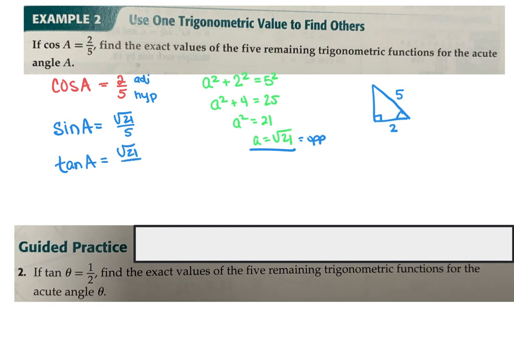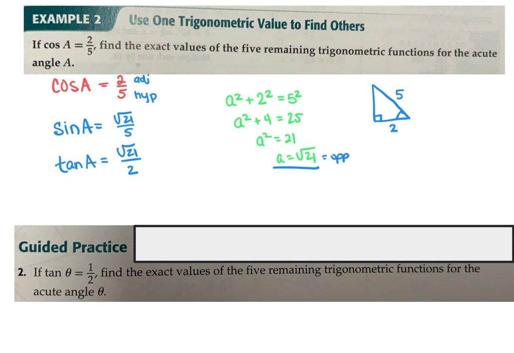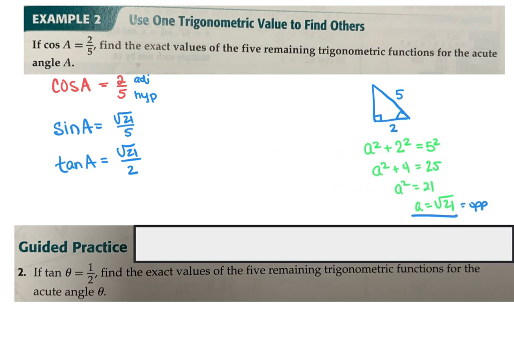And it's going to be a little out of order because they gave me cosine. Secant then is just going to be the flip of cosine. Cosecant is just going to be the flip of sine. Do I want to leave it like that? If I'm asking, probably not.